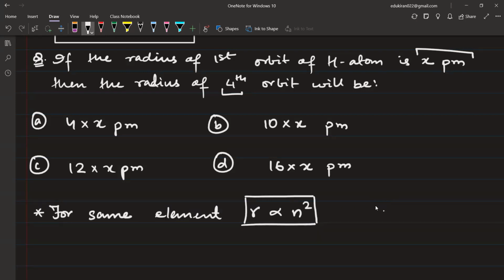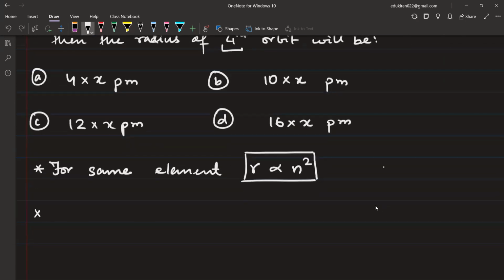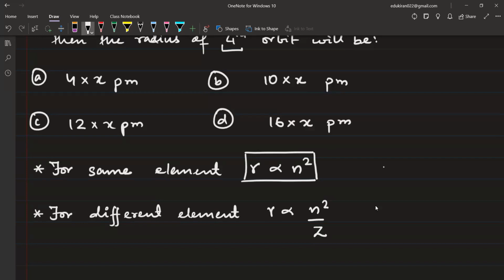Radius is directly proportional to n squared because z is not going to change. For different element, R will be directly proportional to n square divided by Z, because वहां पे Z चेंज हो जाएगा.